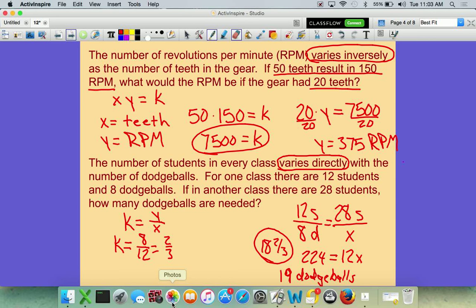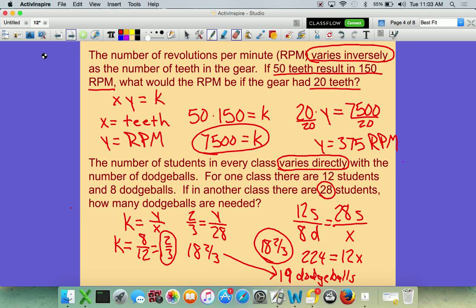So then I would use my k value and my 28 students. So 2/3 equals y, which was dodgeballs, over 28. And then I've got to solve for y here. So 28 times 2 divided by 3, look at that, we still get 18 and 2/3, which still needs to be rounded up to the 19 dodgeballs.